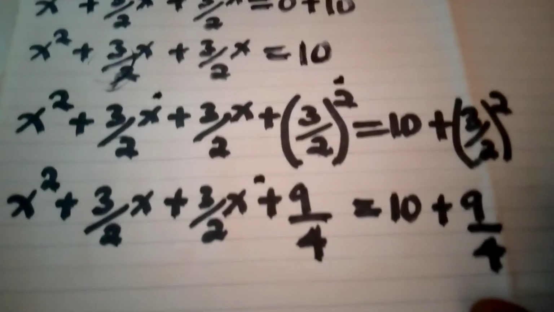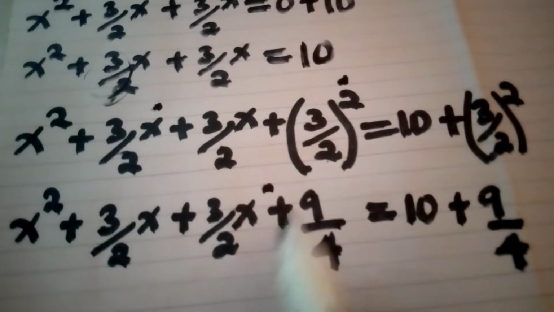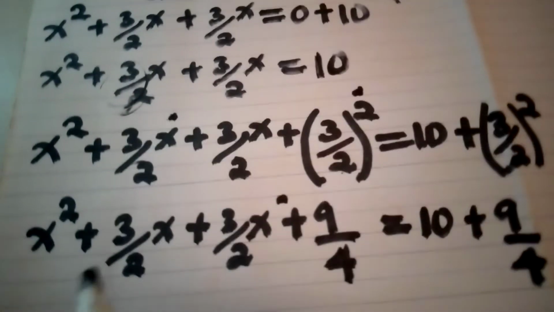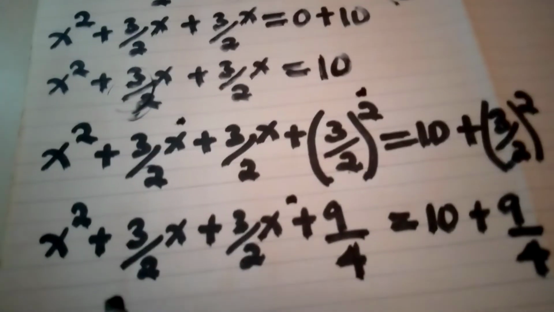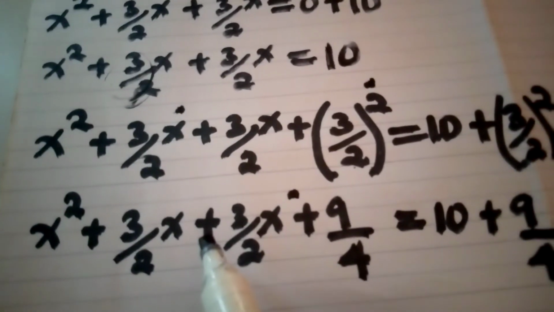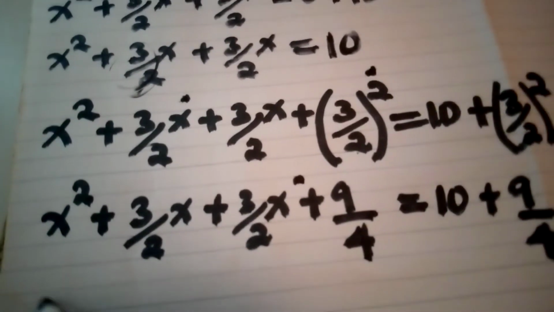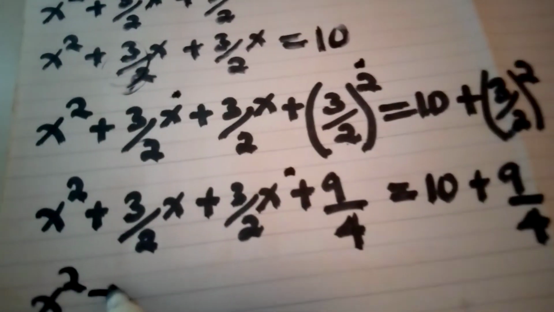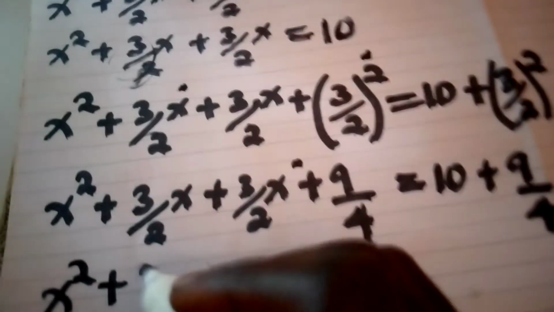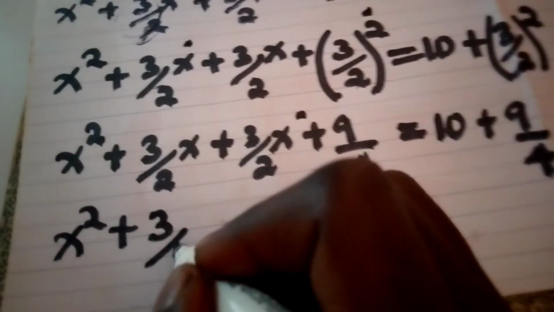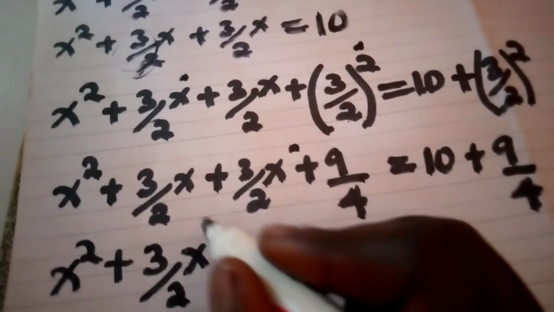So after adding, we shall group those figures to the left hand side of the equation. So we shall have x squared plus 3 out of 2x. So we are grouping them.